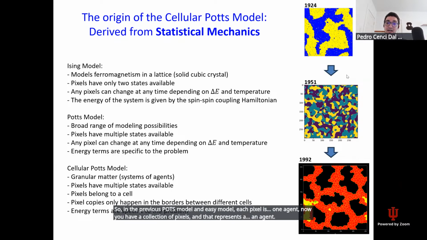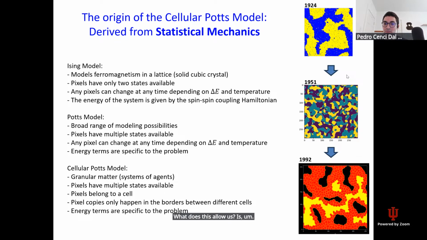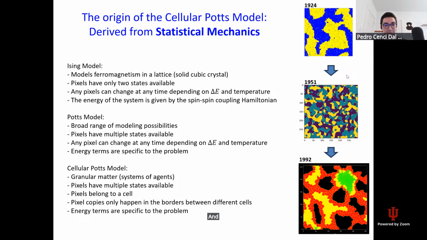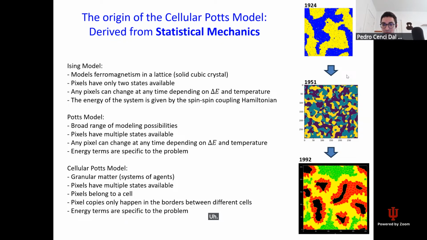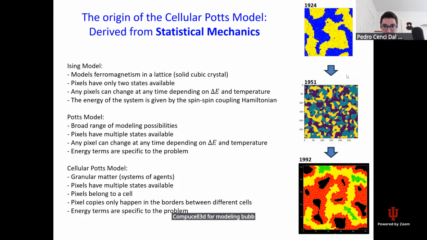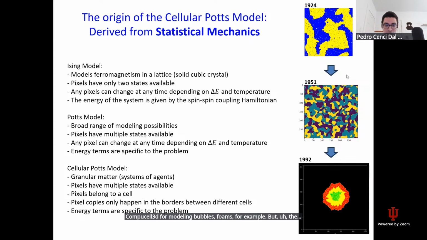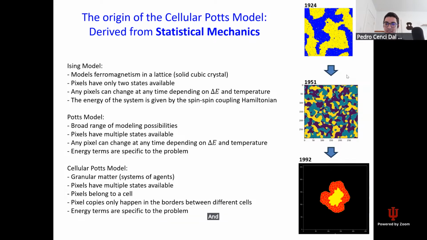What this allows is proper modeling of granular matter, such as cells and bubbles. So you can also apply CompuCell3D for modeling bubbles, foams, for example. But the main interest here is biology, and this is what CompuCell was mainly developed for in the end.